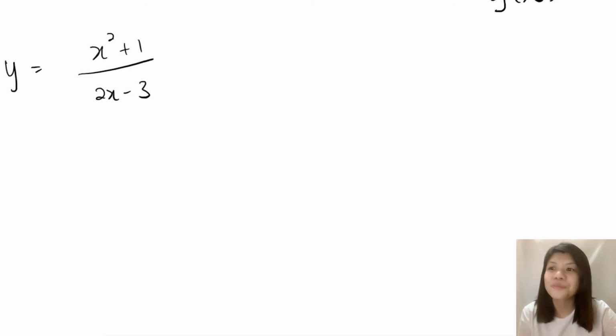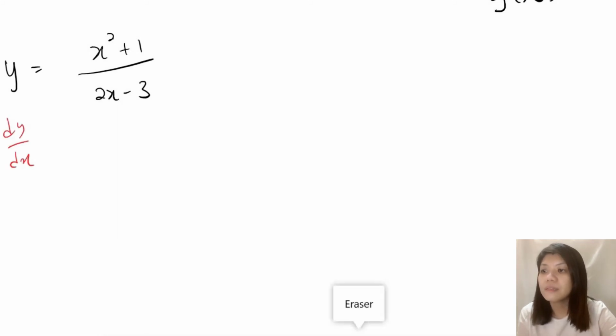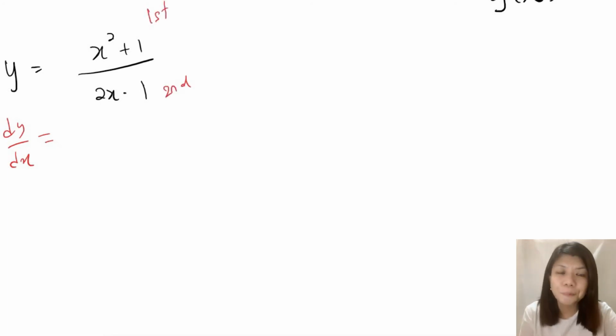So this function now will look like this. What does the quotient rule say in order to do differentiation? Also similar, you should break down to the first part and the second part. Do the differentiation for the first part as always and multiply with the second part. This time, because it's a quotient rule, you need to subtract.